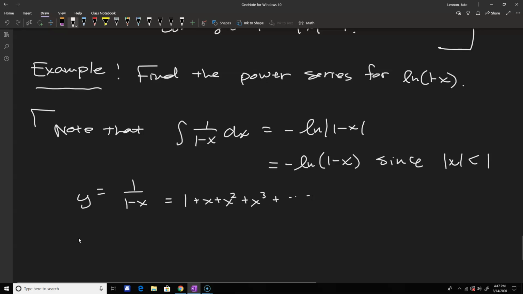So if we wanted to do the integral of y dx, this would be the negative natural log of 1 minus x, which would be the antiderivatives of each: x plus x squared over 2 plus x cubed over 3 plus x to the 4th over 4, and so on.